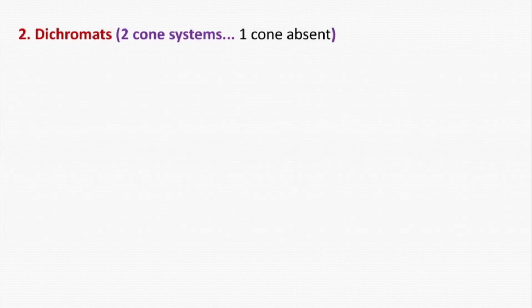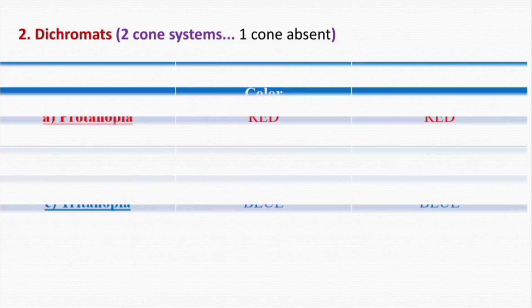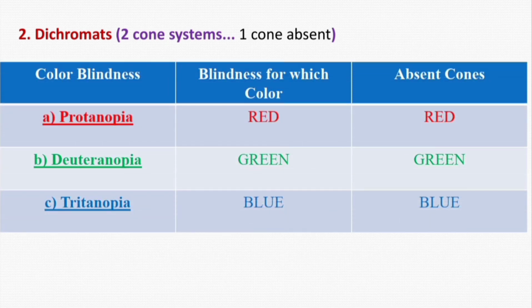Then dichromates are those individuals who have two cone systems, while one cone system is absent. They are color blind persons. They can have protanopia, deuteranopia or tritanopia. Protanopes, which have the condition protanopia, have blindness for the red color and red cones are absent.